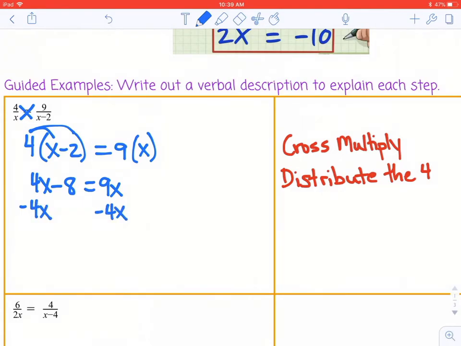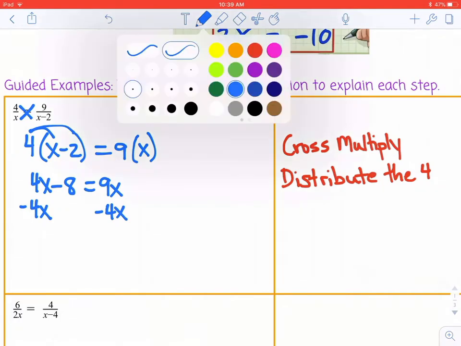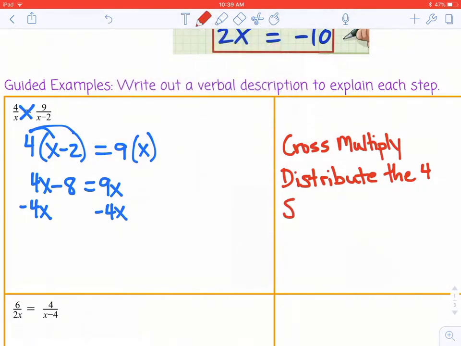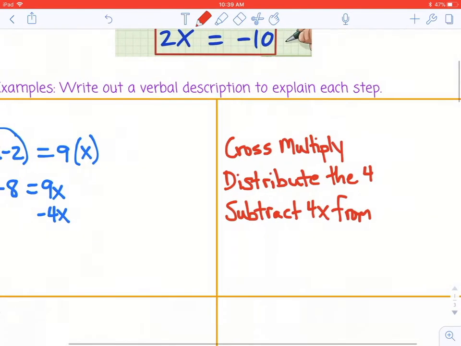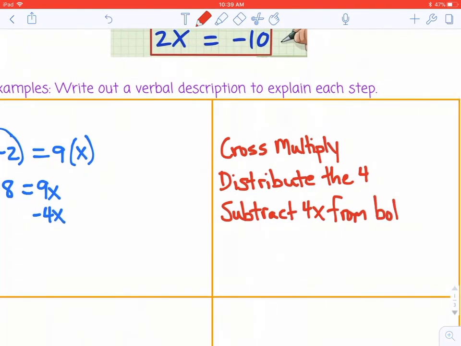So we subtract 4x from both sides, so let's write that down. We subtract 4x from both sides.